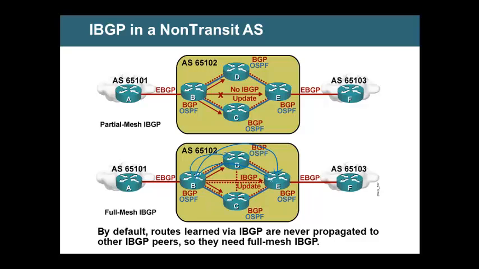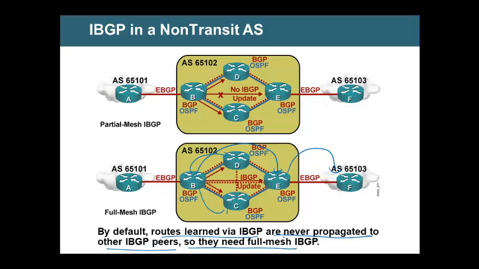It's TCP based, no. And B will deliver to C. Now E, whatever it learned from B, it will give to F. You understood now? Why it needs to be fully meshed? Because the routes learned via IBGP are never propagated to other IBGP peers. So they need full mesh IBGP.